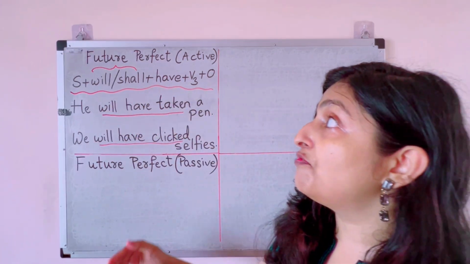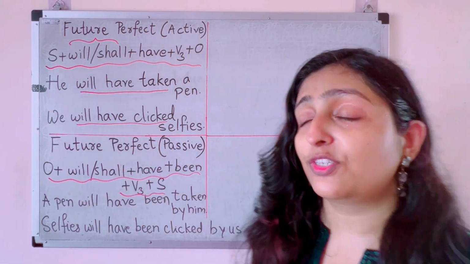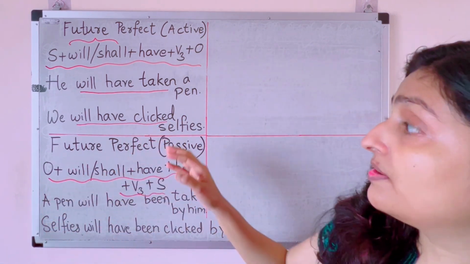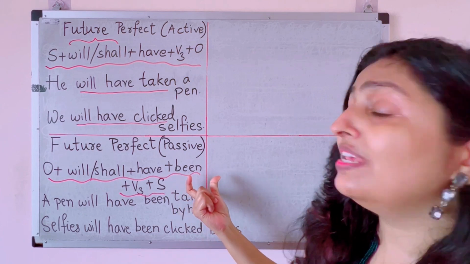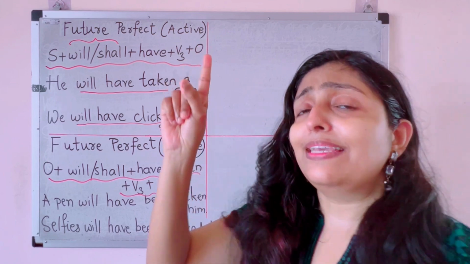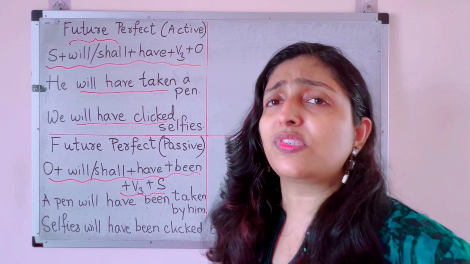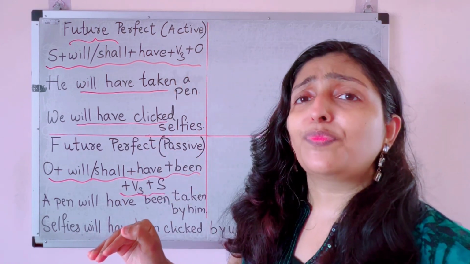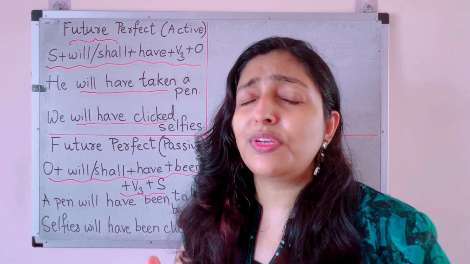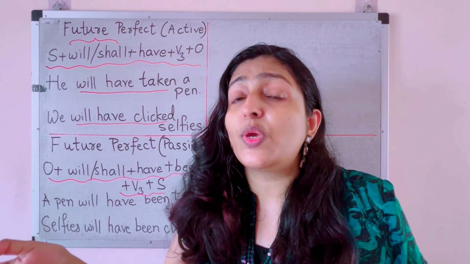Moving on to the passive form of future perfect. Object comes first, then will or shall plus have plus BEEN plus V3 plus subject. Back in present and past perfect, I had mentioned that in the passive form of perfect tenses, you need to add only one extra word, BEEN, between has or have and V3.